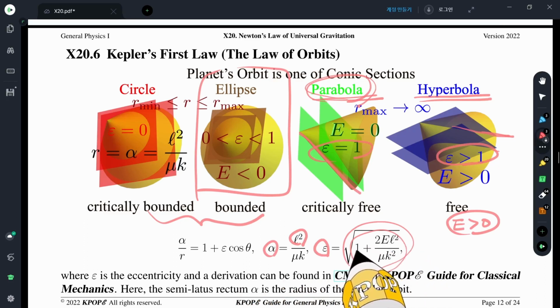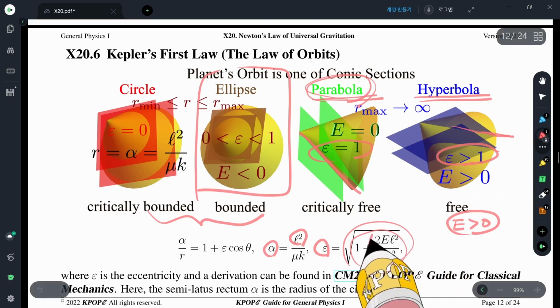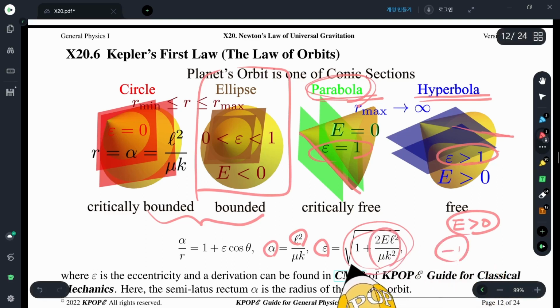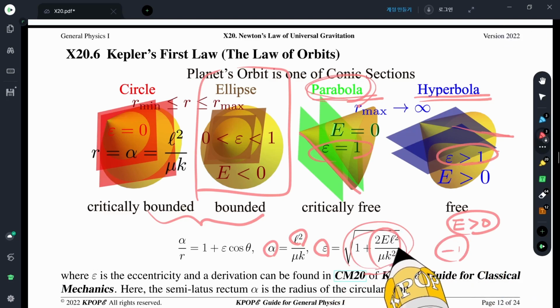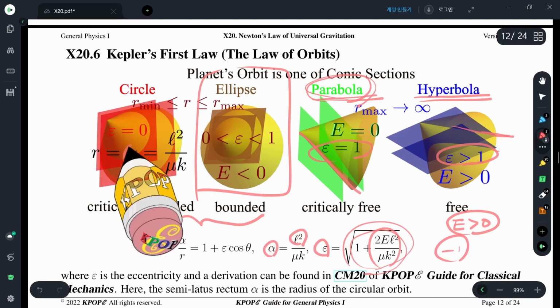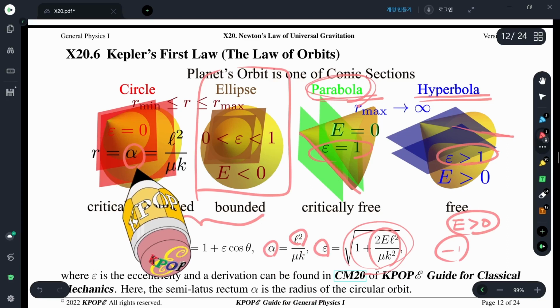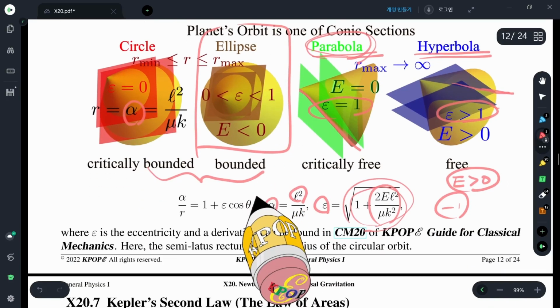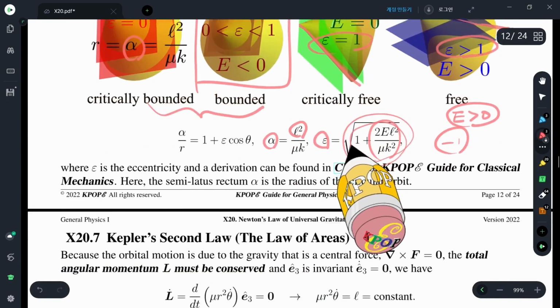When it becomes minus 1, the whole value becomes 0. That is the minimum energy. At the minimum energy, the radius is the same as the semi-latus rectum. Okay, that is the circular orbit.